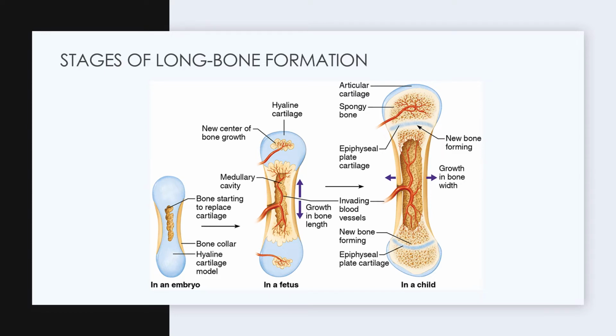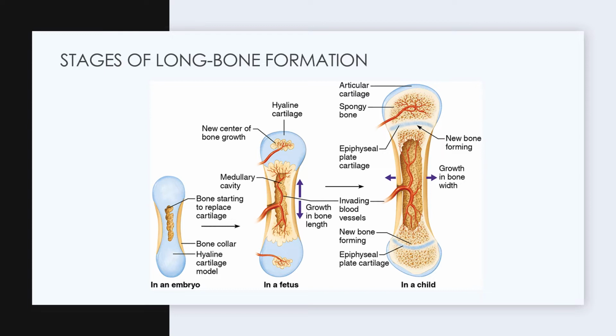First, this hyaline cartilage model is completely covered with bone matrix, called a bone collar, by bone-building cells called osteoblasts. So as the embryo develops into a fetus, for a short period it has cartilage bones just enclosed in a bone matrix. It's just cartilage, basically dipped in bone matrix, like candy.